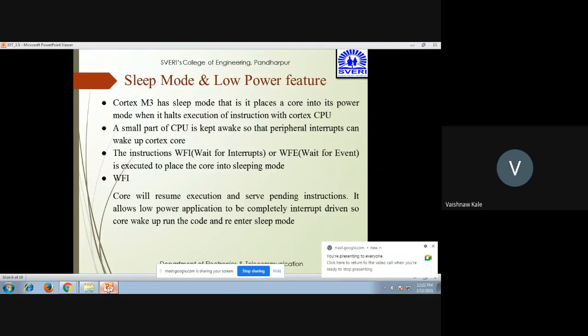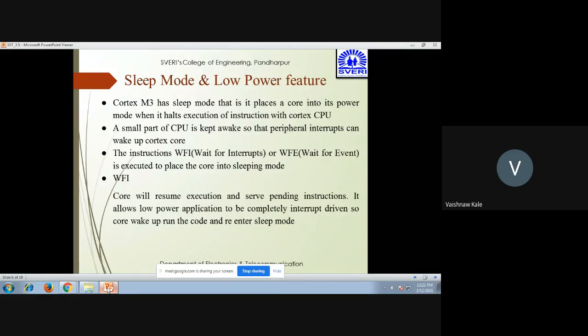First of all, it is running the program, in the full running mode. And when an interrupt is sent, it goes into the sleep mode. And then again the core wakes up, runs the code and re-enters the sleep mode. In this way, it keeps on running and entering into the sleep mode. And why is this sleep mode there? Because it gives a low power feature.